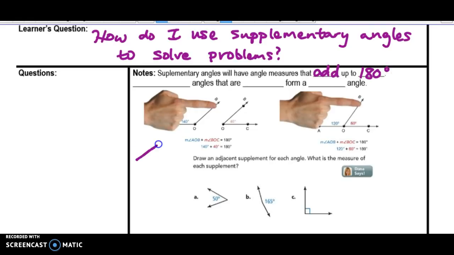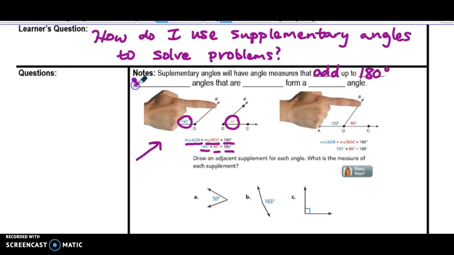Just like in this picture, the measure of angle AOB, which is 140 degrees, plus the measure of angle BOC, which is 40 degrees, adds to 180 degrees. So these two angles would be supplements to each other because 140 plus 40 equals 180.